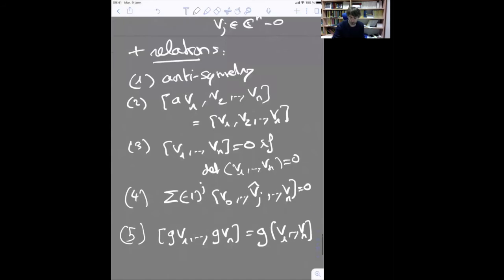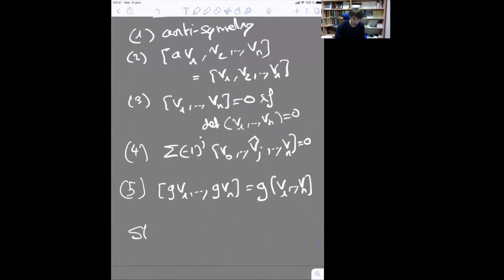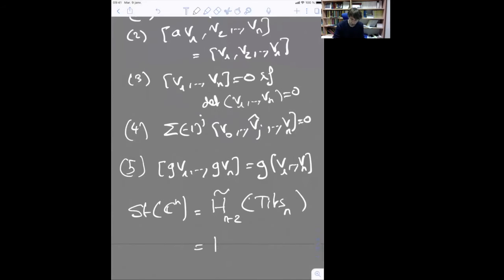And in fact, the Steinberg module of C^n can be defined topologically as the reduced degree n-2 homology of the Tits building of GL_n(C), which is also the same as the relative homology of the symmetric space associated to SL_n(C) with respect to the boundary at infinity.